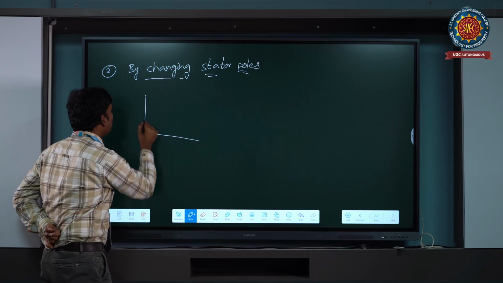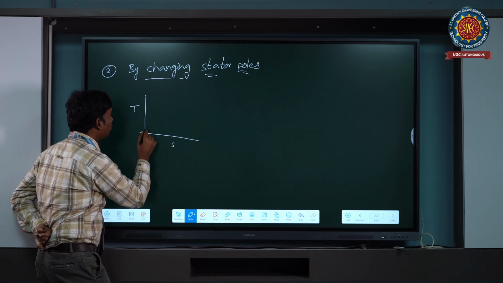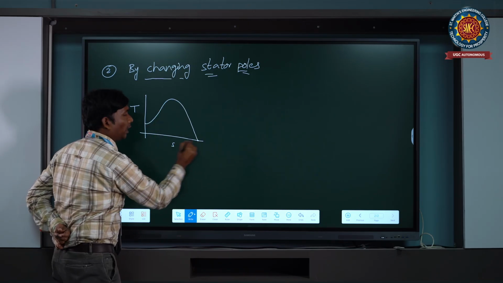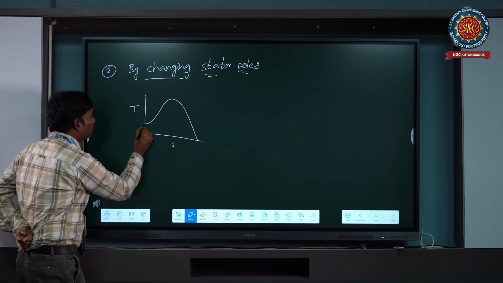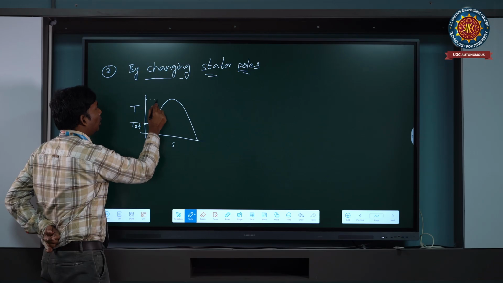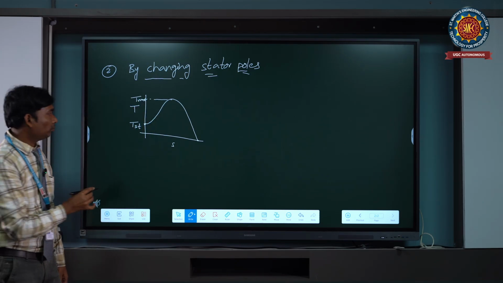If you draw the graph between torque versus slip, you will get a curve like this. This point is starting torque. This point is maximum torque.